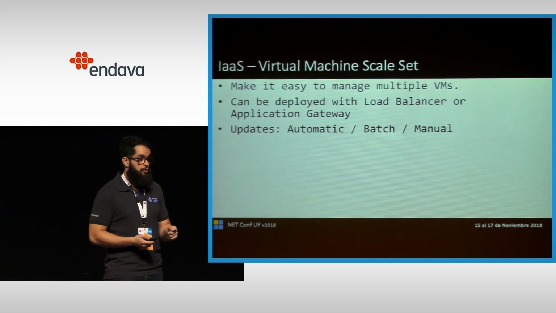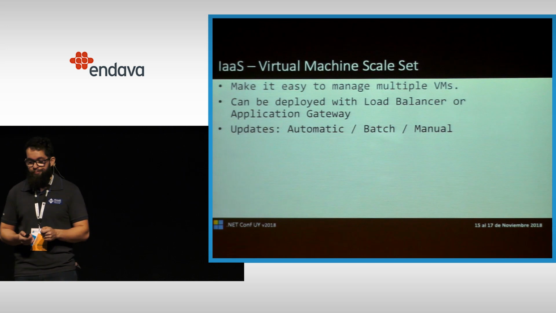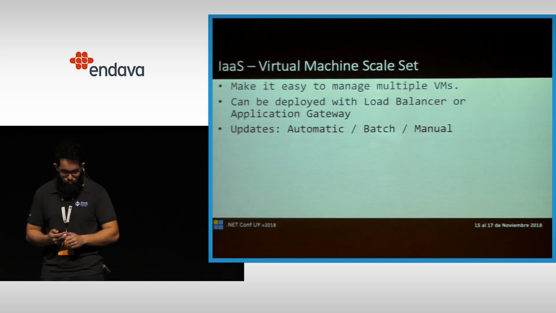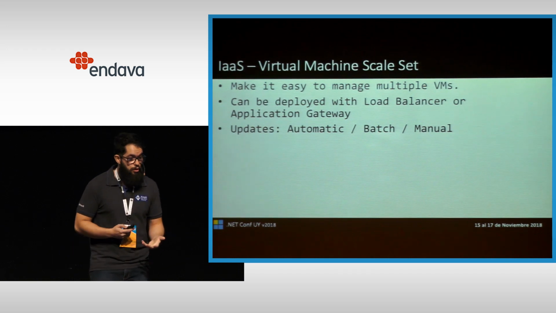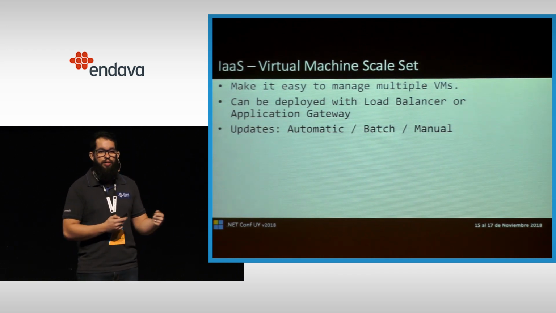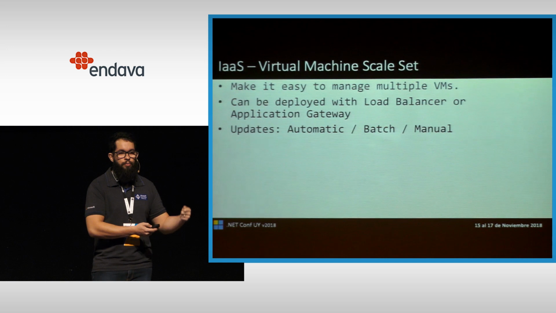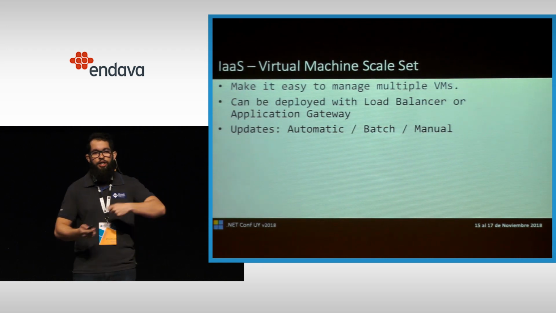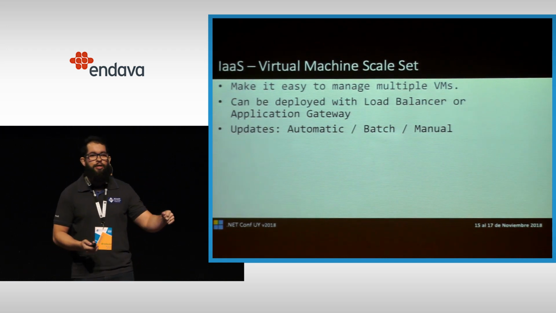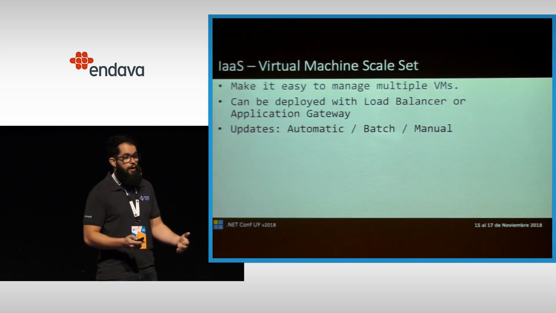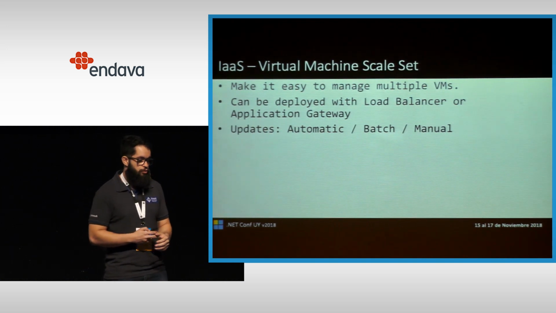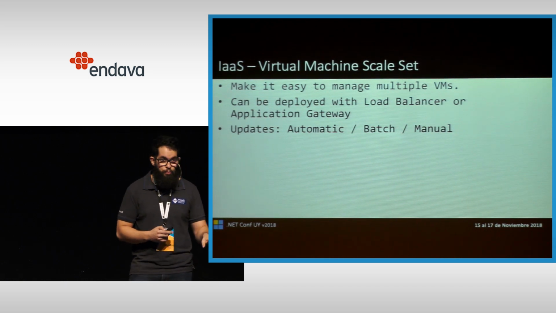And updates are something you need to be very careful with. By default, it's automatic. So once you apply a change to a machine, once you update the software or you change the configuration, it automatically changes all the machines in the scale set. I recommend you put that into batch at least.